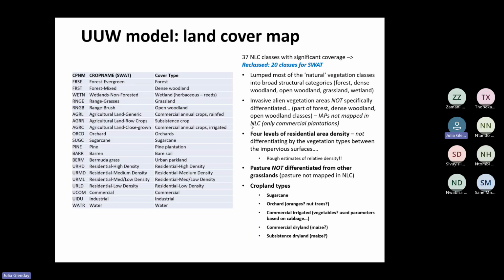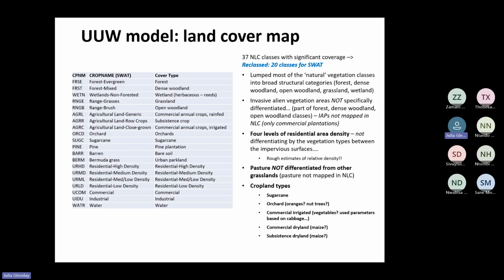The National Land Cover map differentiates commercial forestry, but it doesn't differentiate eucalyptus versus pine versus other types. That could be added at a later phase if there is mapping of that you would want to use. From a water quality perspective, I'm not sure it makes a huge difference.